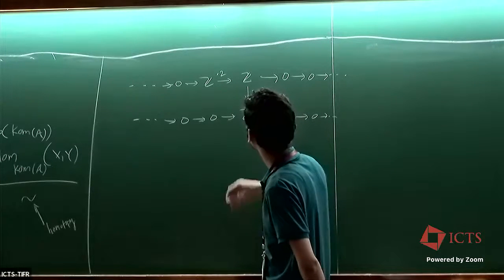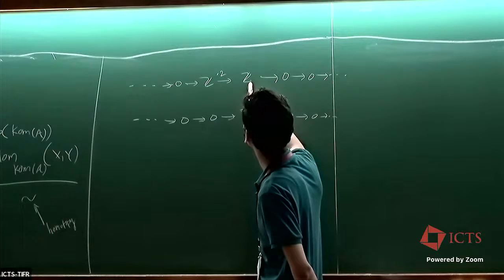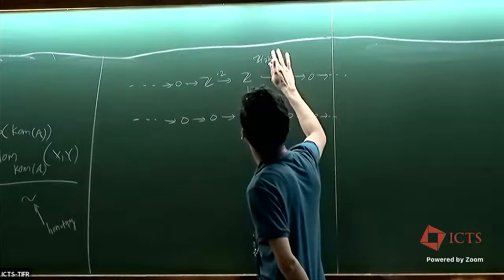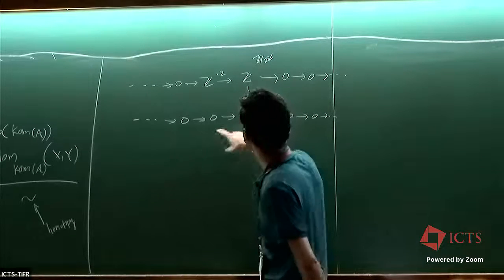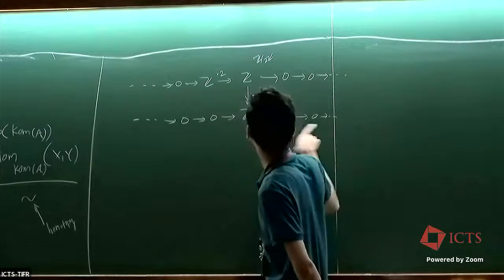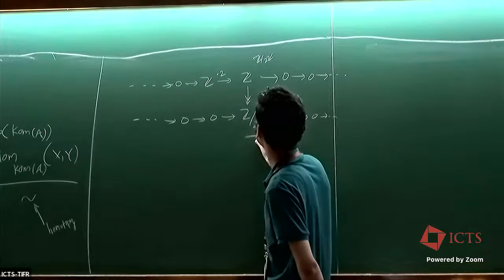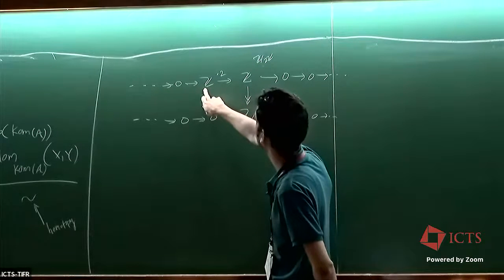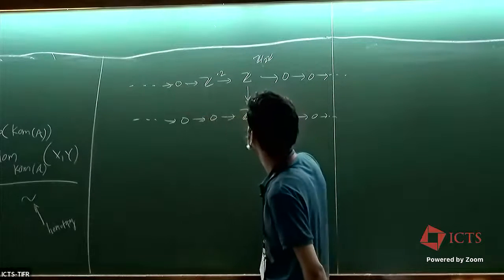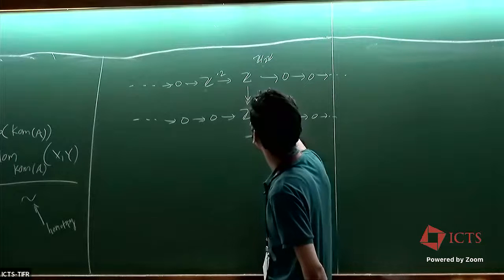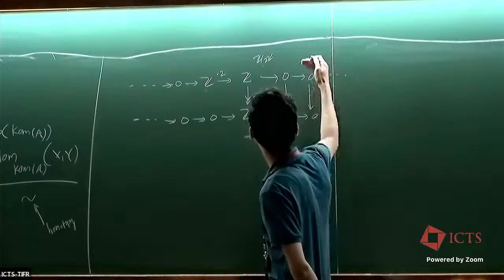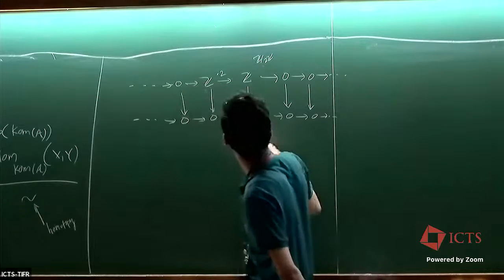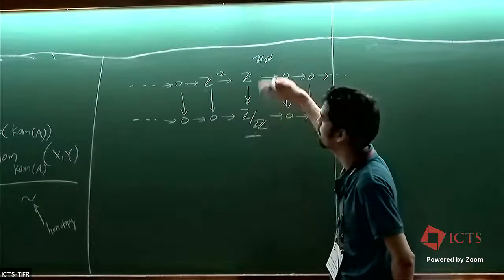Then you can see that homology at this spot in this complex is precisely Z mod 2Z. For this complex, homology is 0 everywhere except at this spot, which is Z mod 2Z. So at both the places, we have that the homology is Z mod 2Z, yet the complexes are not the same. And we also have a map F going from the top complex to the bottom complex. But we don't really have any map in the backward direction.